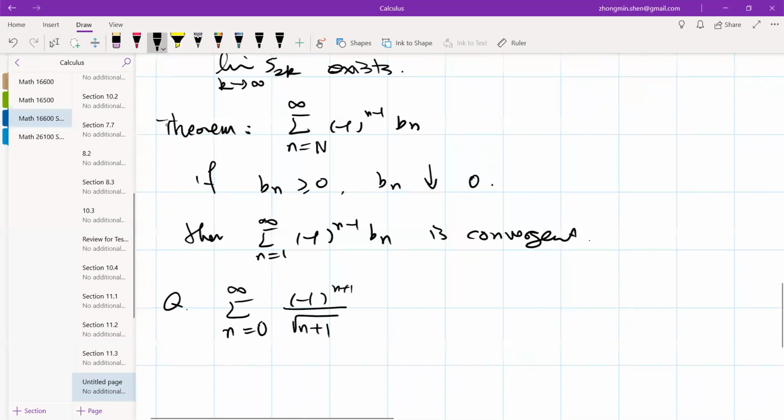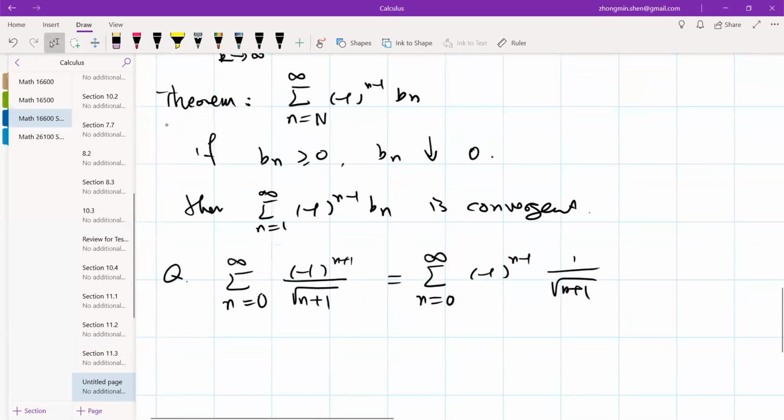This is not in the same format, but you can change that. It's going to be minus 2 to the negative n minus 1 divided by the same thing.